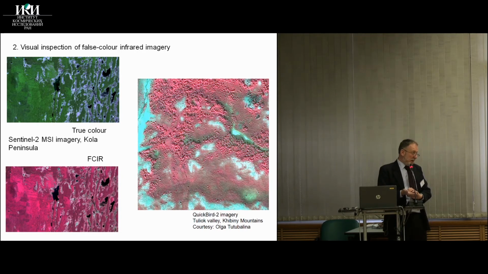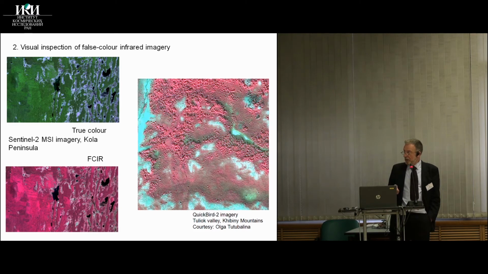We can take the same idea, visual inspection of imagery, but go one step away from the very familiar true color imagery into the false color infrared imagery. So this is, I'm sure, familiar to most people in the room here. At the top left, a true color image, natural color, as you would see by human eye.